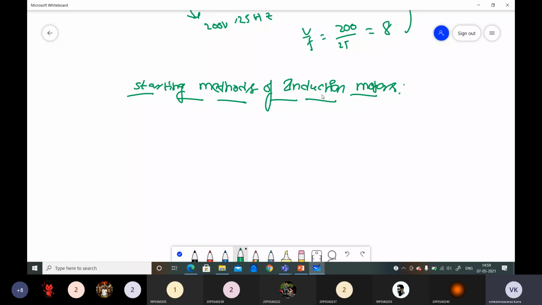In an induction motor, consider the formula for current. What is the purpose of starters? In DC machines, all of you have discussed starters. Starters are used to reduce high starting currents.